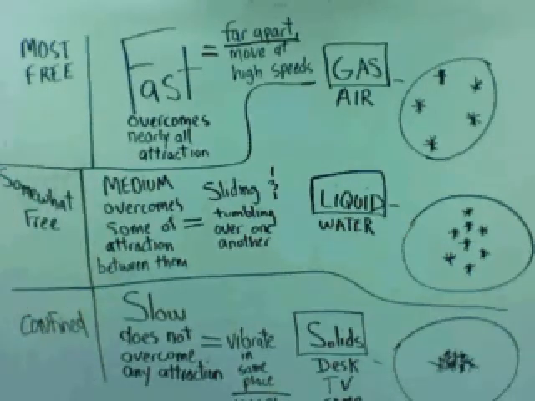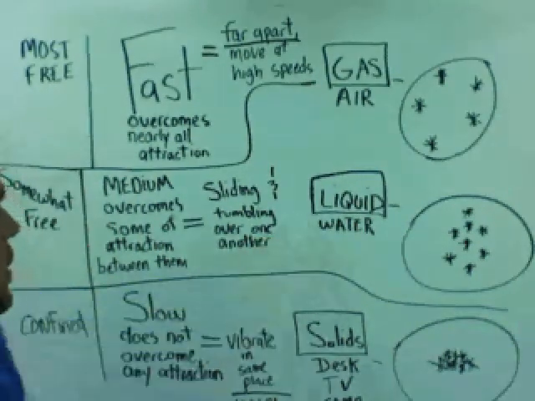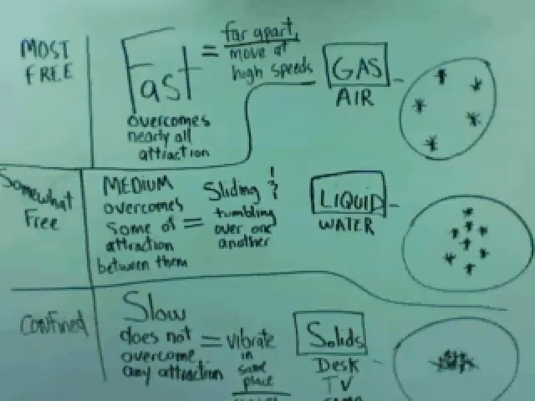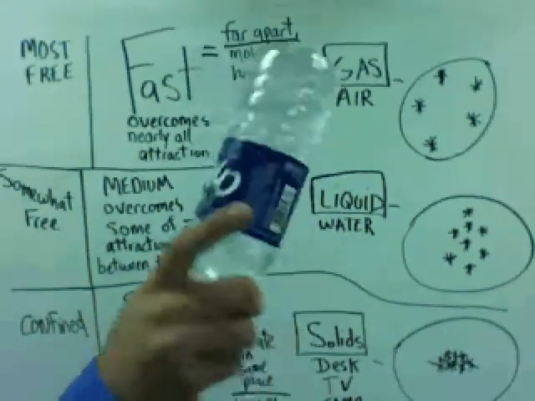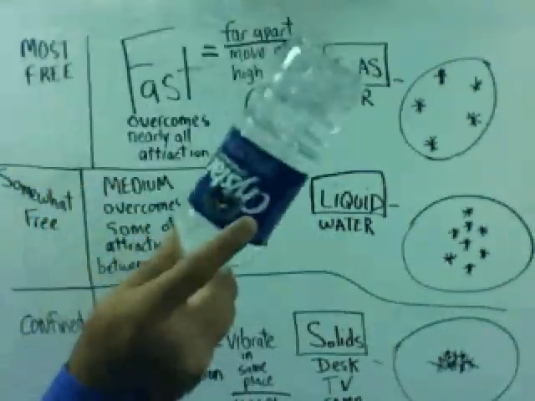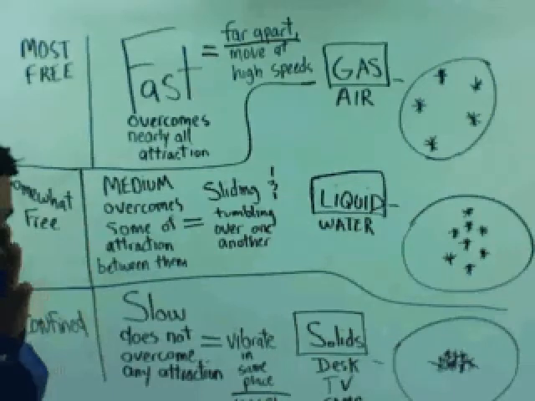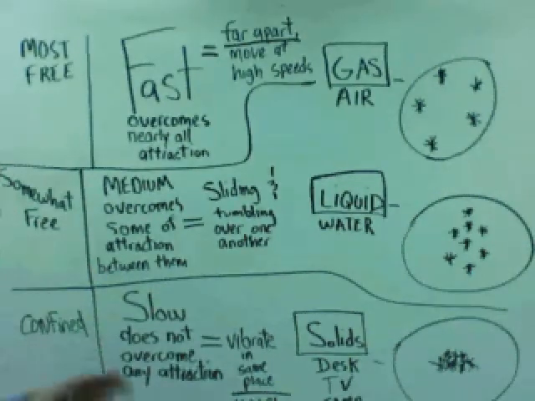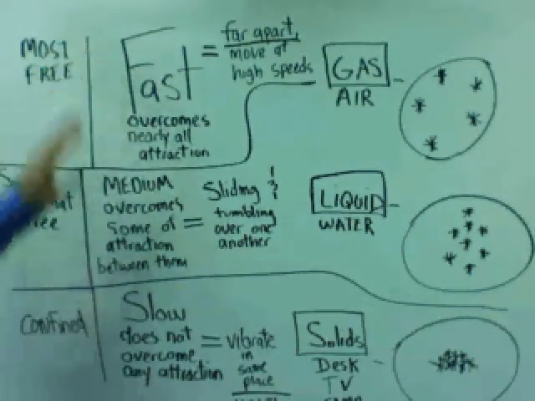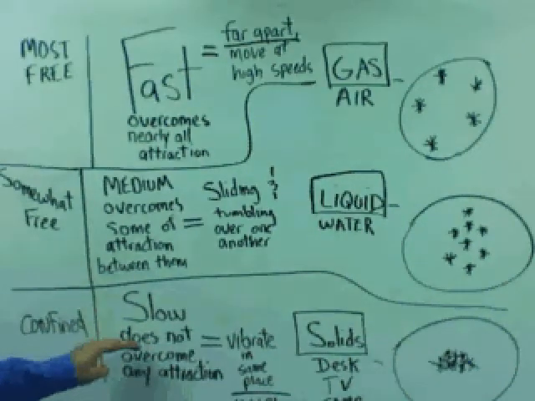Secondly, we have liquids. Now, particles in a liquid are somewhat free. Like we said, the water in this bottle takes whatever shape I put the water in. These particles in water don't move as fast as gas, and they're not as slow as solids.